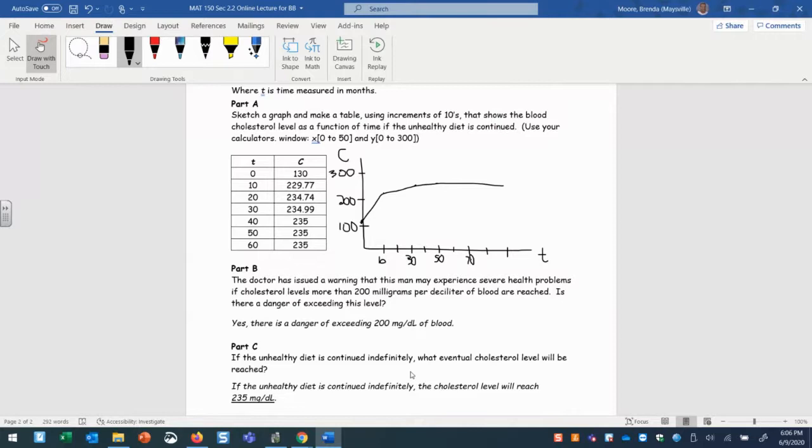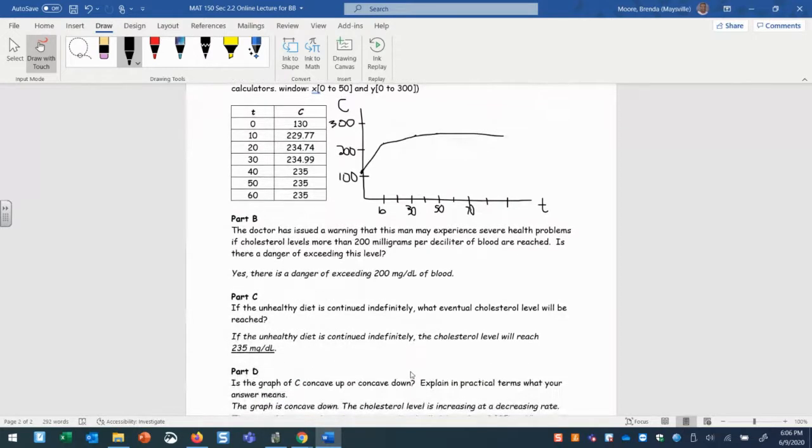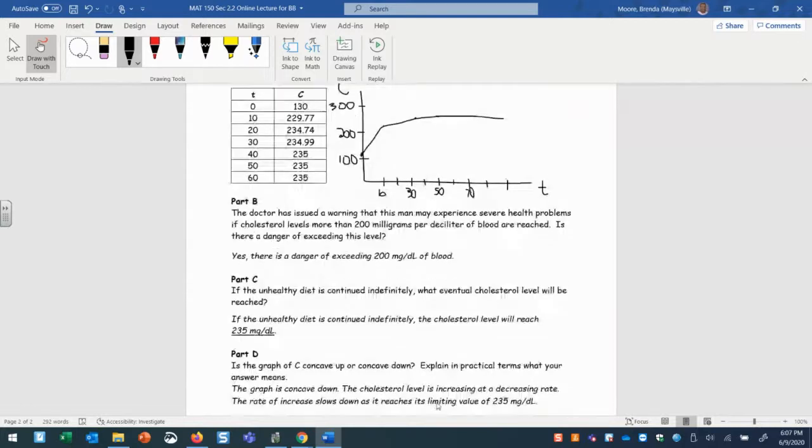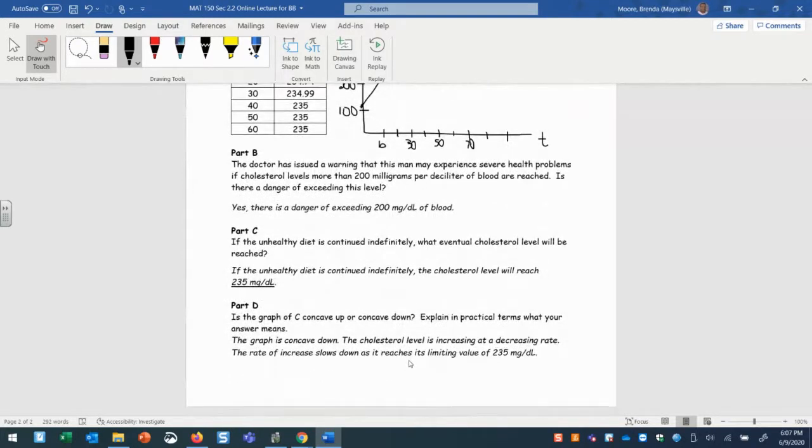Last question: is the graph of C concave up or concave down? Explain in practical terms what your answer means. The graph is concave down. The cholesterol level is increasing at a decreasing rate. The rate of increase slows down as it reaches its limited value of 235 milligrams per deciliter.